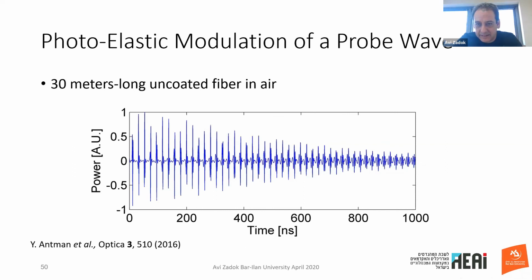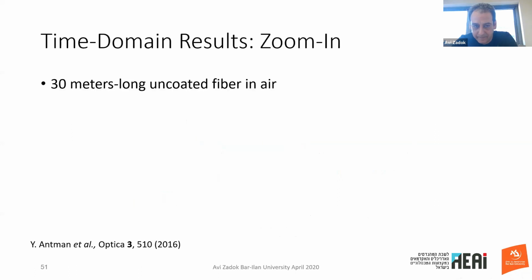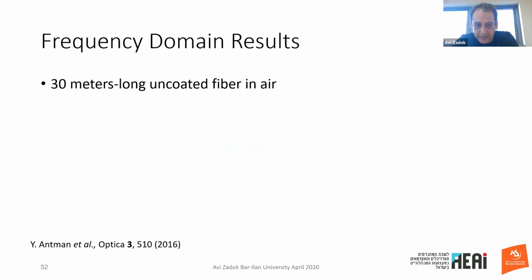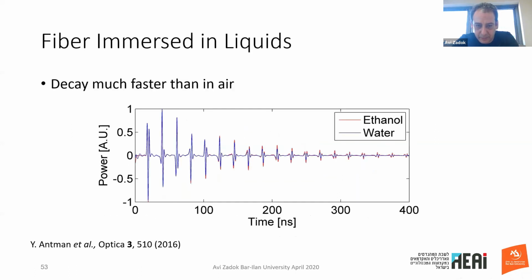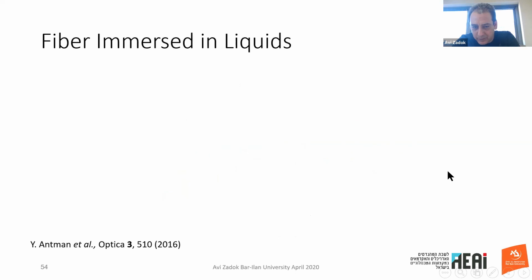And the reason is there's nothing outside the cladding or just air outside the cladding, so there's very little dissipation of acoustic energy. And if we were to repeat the same process with ethanol or water outside the bare fiber, what you'd see is a much faster decay. It's no longer a microsecond, it is decaying over 100, maybe 200 nanoseconds, and you can already see fine differences between ethanol and water.